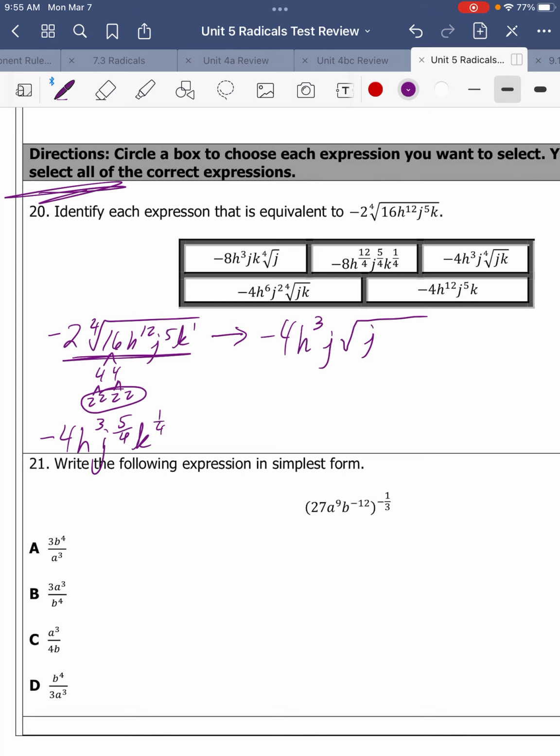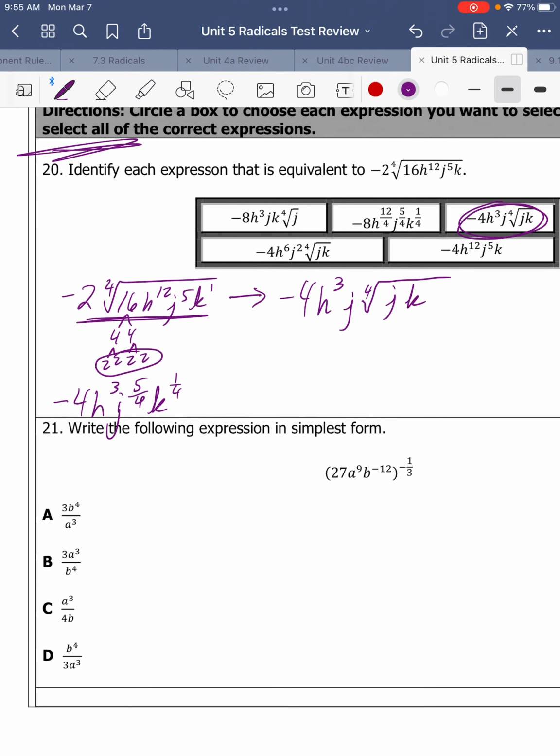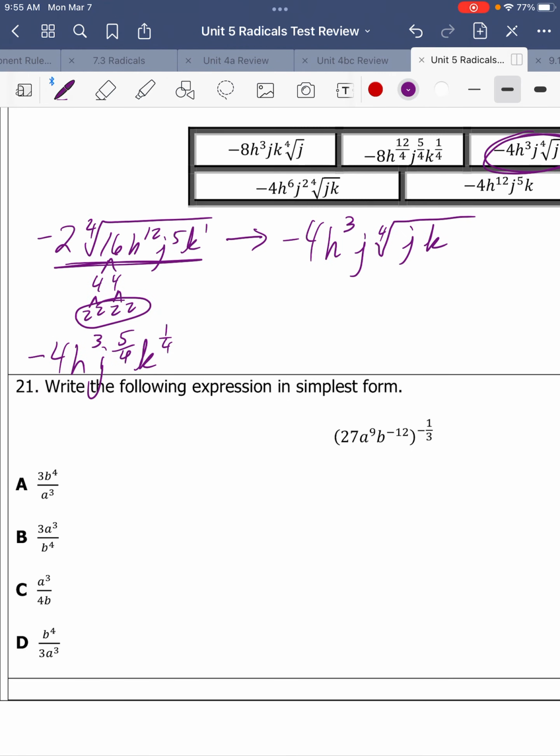So we have a j left and a k. Is there one that looks like this? For jk, oh yeah, I forgot about the 4th root. Yep, this one up here. Definitely on a test, we would have to be careful if there's another one that looks like this. There should be one, but I think it made a mistake.